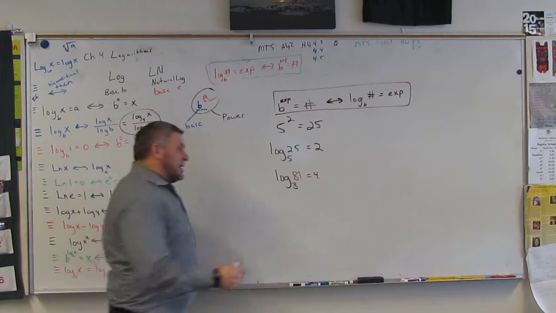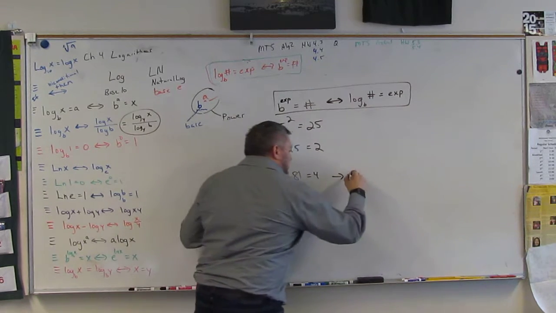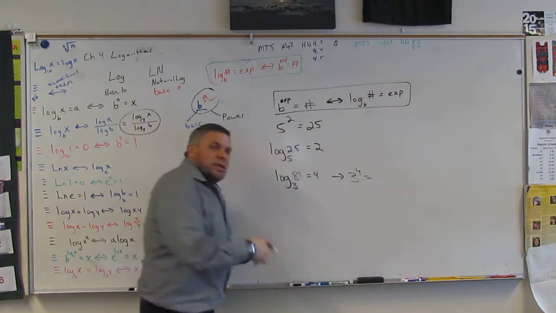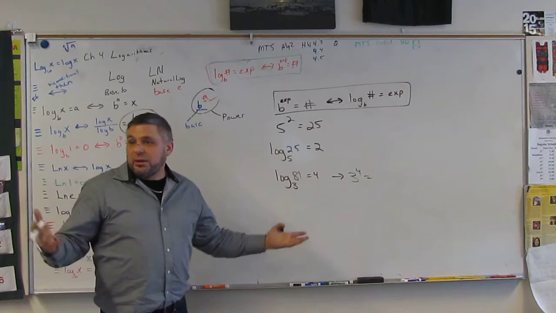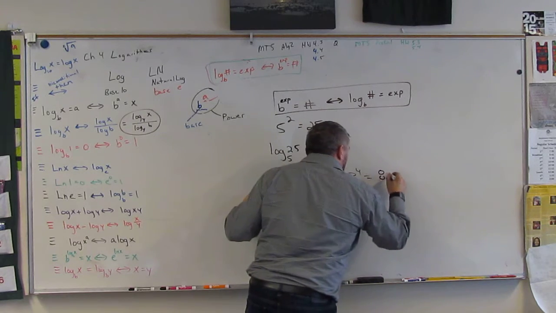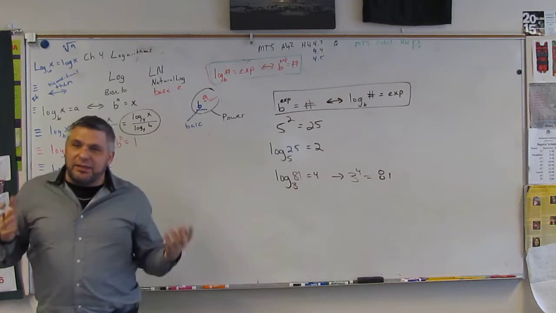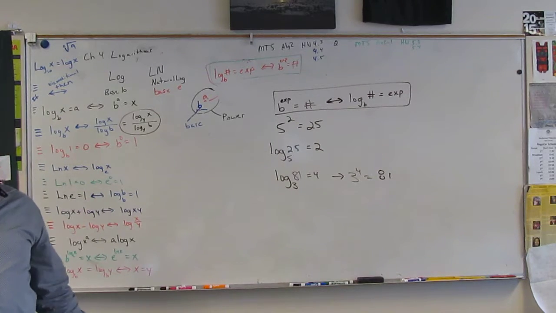That's neat because 3 raised to the 4 is what? 81. So that's nice and neat. Yay. But it's not always nice and neat.